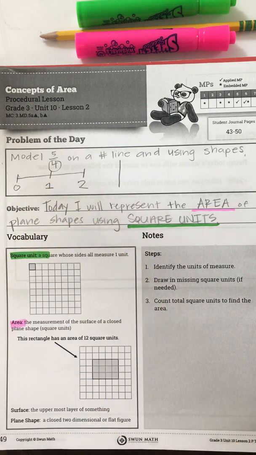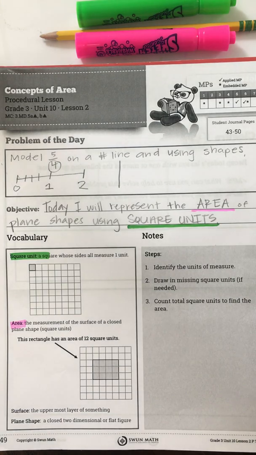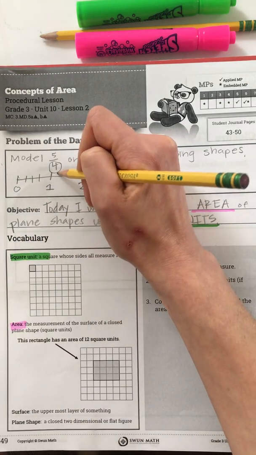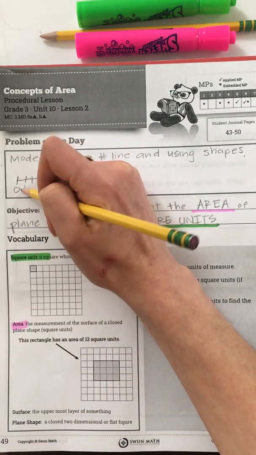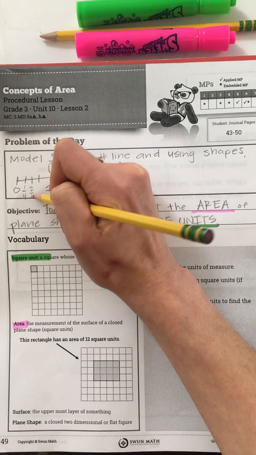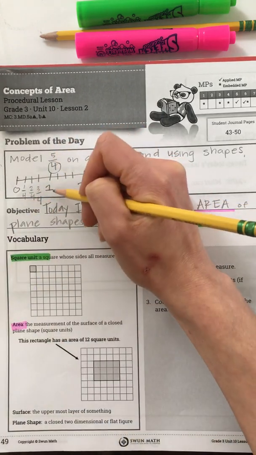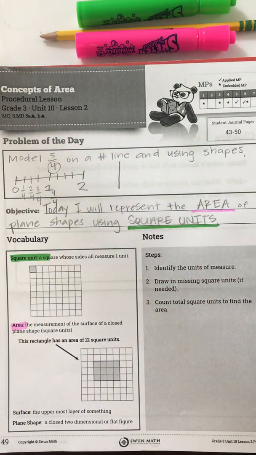So from 0 to 1, we know that's at fourths. 1, 2, 3, 4, 4 equal parts. And from 1 to 2, we know that that whole is also in fourths. 1, 2, 3, 4 equal parts. We're going to start at 1/4, 2/4, 3/4. We know that one whole is 4/4 because we're at the whole of what our denominator has told us.